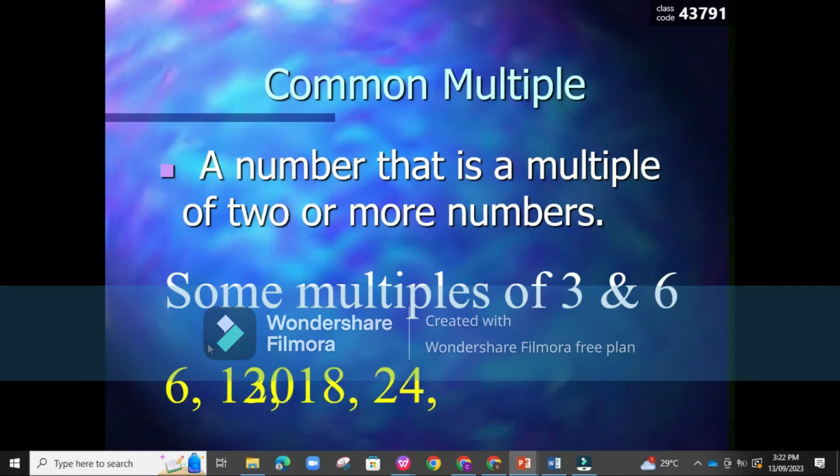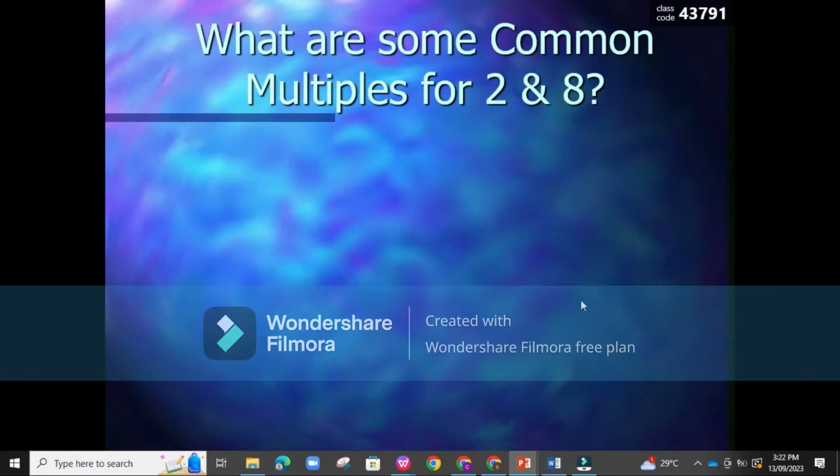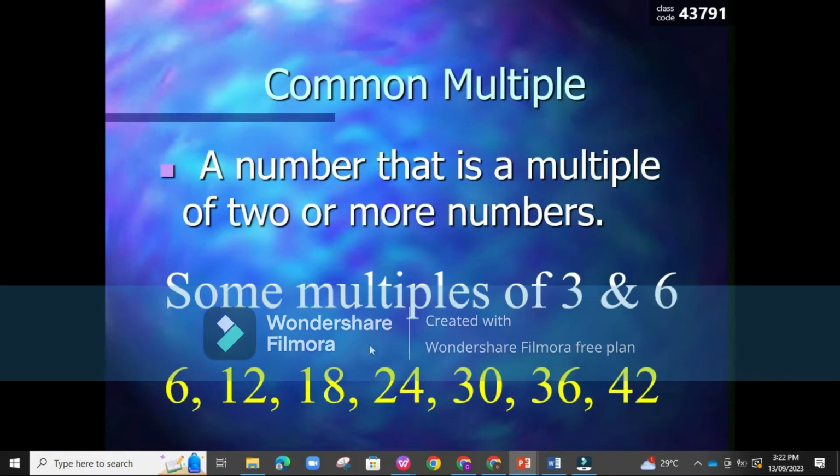For example, if you're asked to find some common multiples of 3 and 6, these numbers can be divided exactly by both 3 and 6. We have 6, 12, 18, 24, 30, 36, and 42.